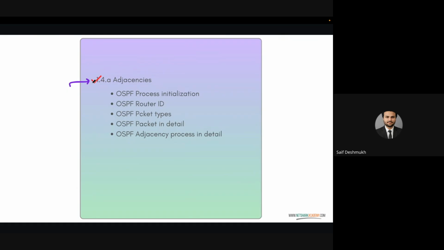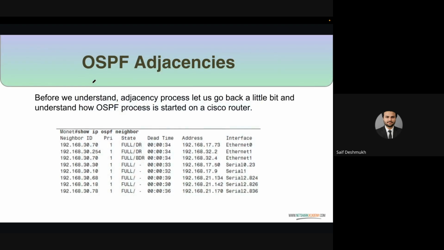Obviously, we're not going to talk about the basic stuff. We'll try to go as detailed as possible. If you just talk about adjacencies, you enable OSPF and two routers form the adjacency. But if you want to get to that point, there are certain things we have to understand before we understand the adjacency process.